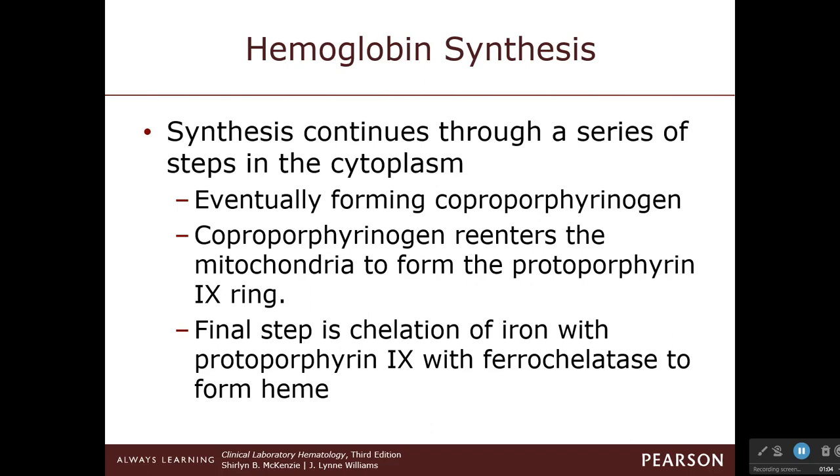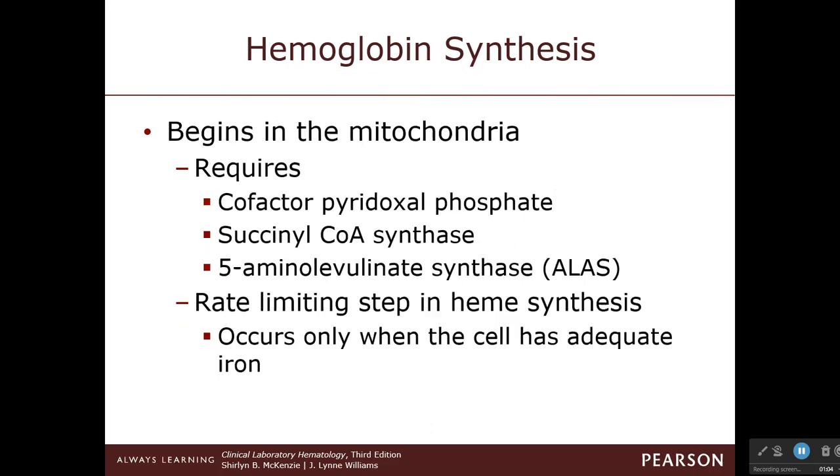So basically what happens is we get coproporphyrinogen, porphyrinogen, okay? So look, all of this stuff starts in the mitochondria, okay? Producing ALA, okay, with the enzyme 5-aminolevulinate synthase, okay?